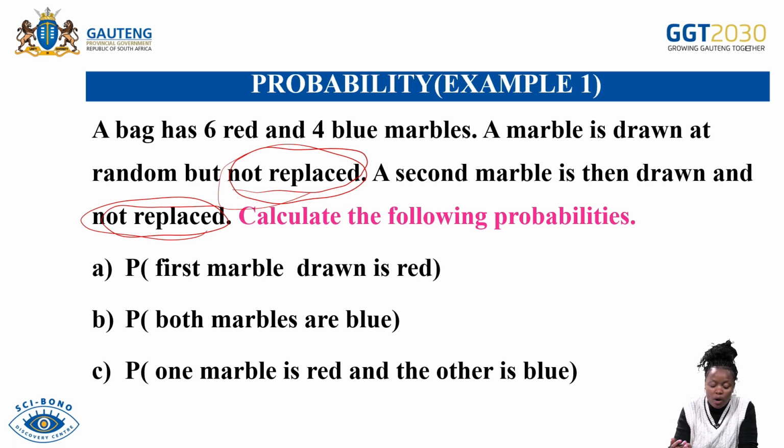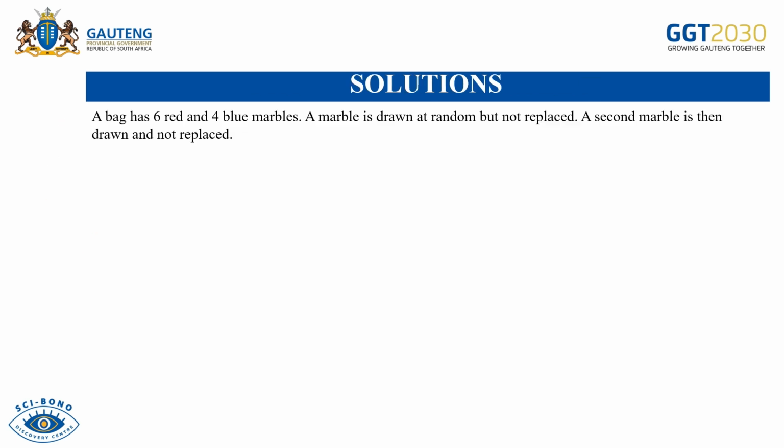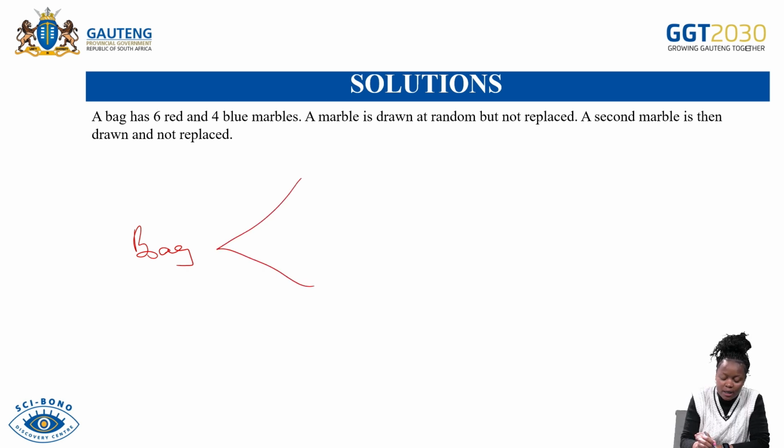Right? So I want you to draw a tree diagram for me of this scenario. Let's go through that example number 1. So you have a bag, and inside your bag, you can either get red marbles or you can get blue marbles, right?